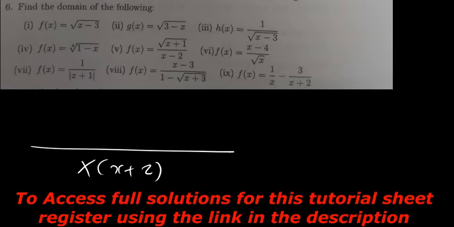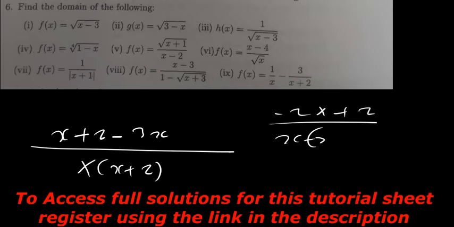On top here, x and x will cancel, then you have x plus 2 minus 3x, of which we are going to have -2x plus 2 divided by x, open bracket, x plus 2. So you know that this is a rational function, and the function that I have is basically the same as this function.